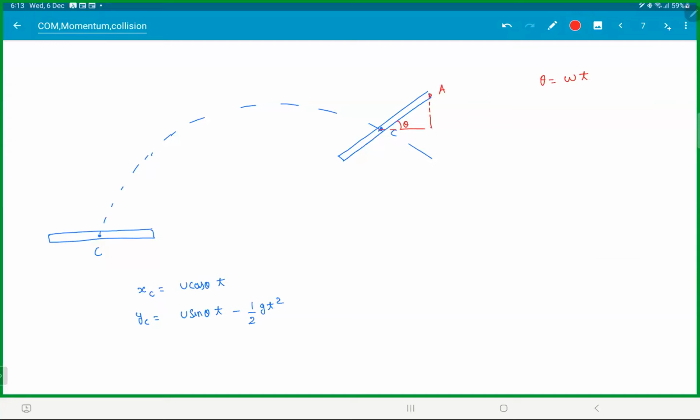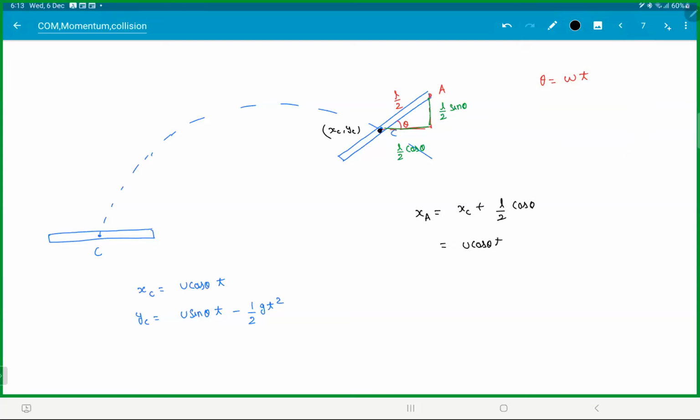So from here, if you drop, this length is L by 2. So this vertical height will be L by 2 sine theta, and this horizontal distance will be L by 2 cos theta. That means from point C, whose coordinates are xc, yc, you're traveling. So xa would be xc plus extra distance L by 2 cos theta.